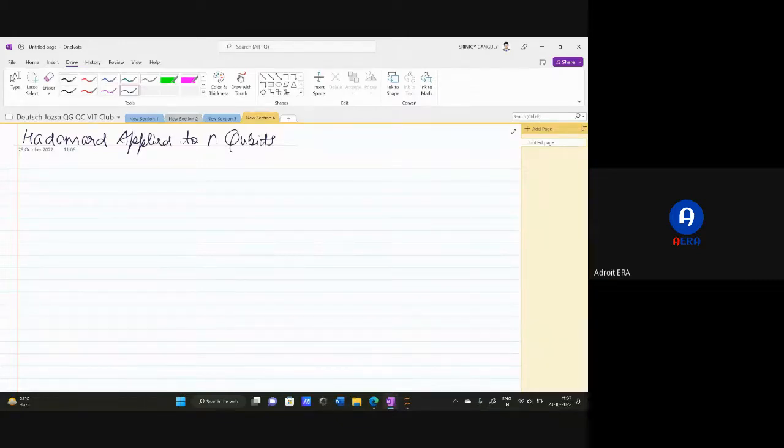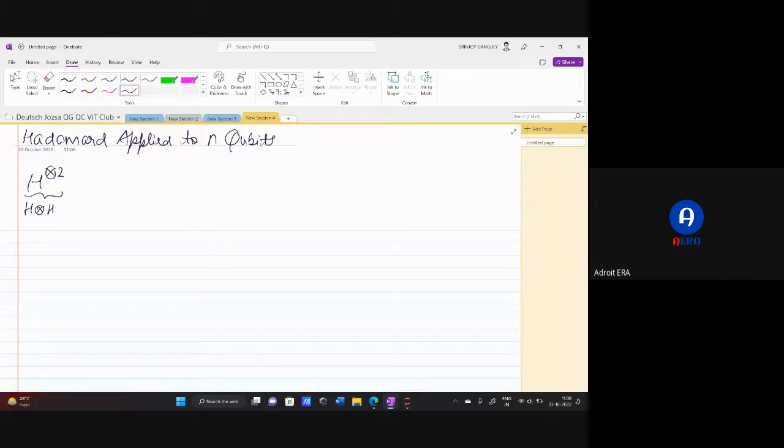Hadamard applied to 2 qubits, this is also another type of expression, right? I mean, this is same as Hadamard tensor Hadamard. Hadamard to the power tensor 2 means applied to 2 qubits. Like if it is 3, then 3 qubits, and so on.